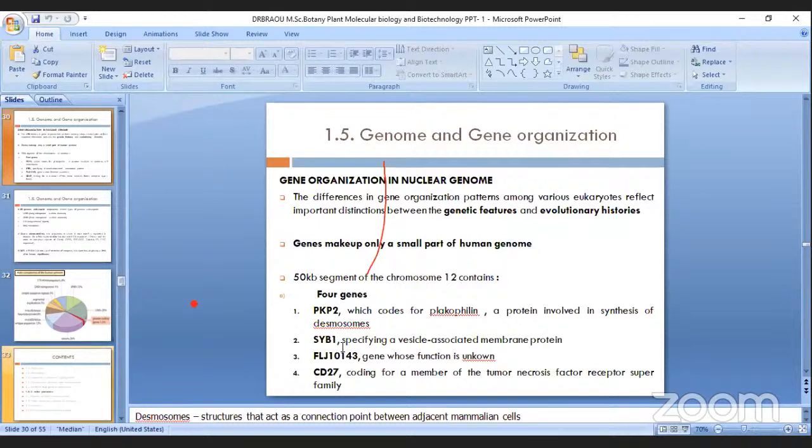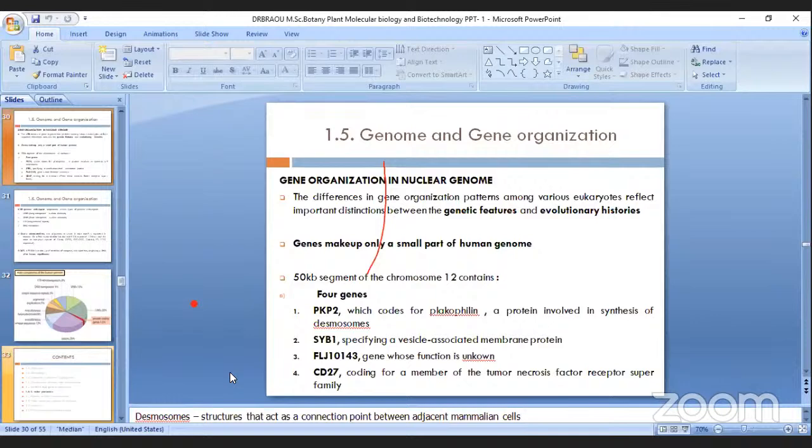SYB1 specifies a vesicle-associated membrane protein. And the unknown gene is named FLJ10143. And next is CD27.